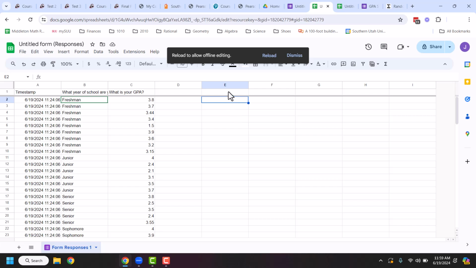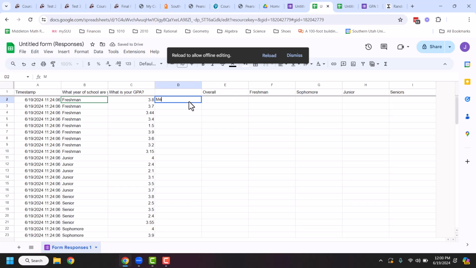So I'm going to organize these kind of like this. So this will be overall, freshmen, and obviously you guys can organize this however you want. This is just for your calculation, and then you're going to summarize these results in your paper. So we've got freshmen, sophomores, juniors, and seniors.